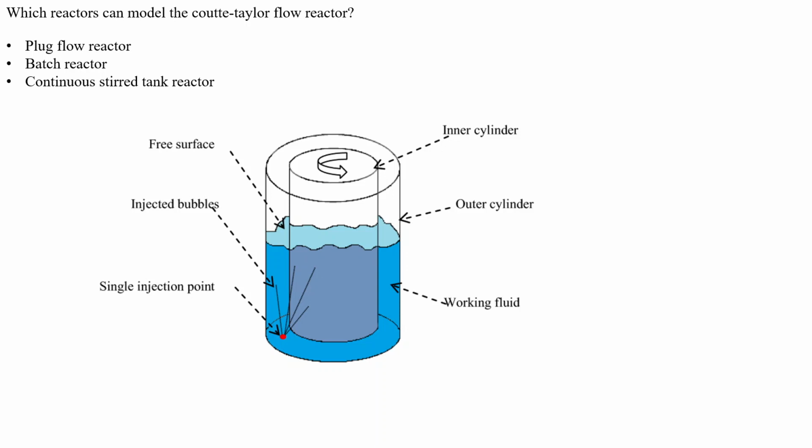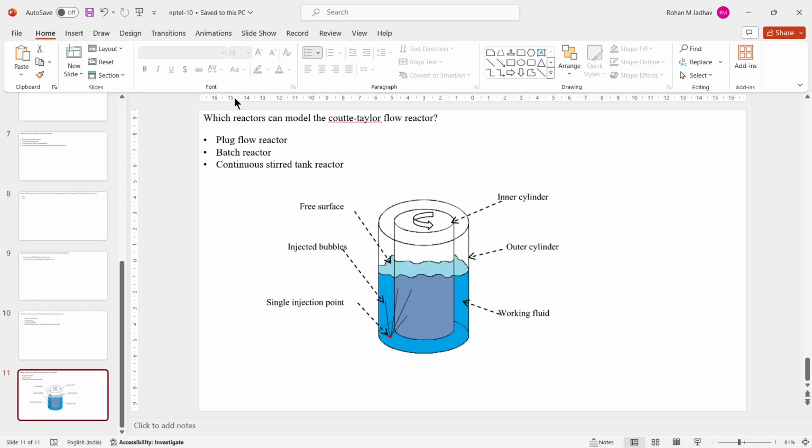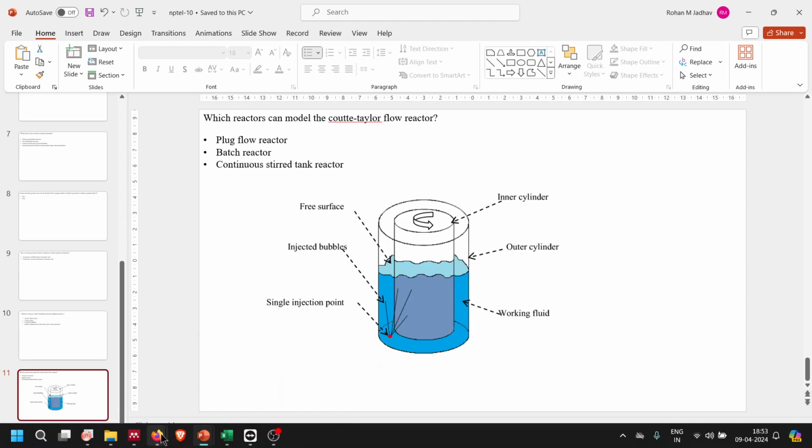Because of the increase in viscosity, there is a resistance; the inertial force of rotation is going to push it this side, and the viscous force will push it on this side. So there is a formation of a vortex. Small vortices are being formed, and because of that, it is giving it a continuous stirred tank behavior. It might take some time to understand, but that's how it is.